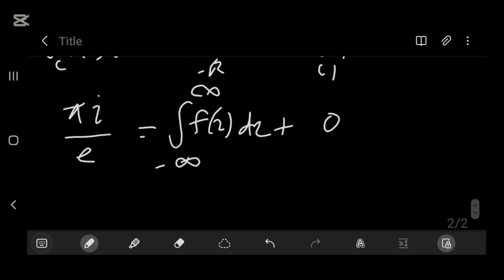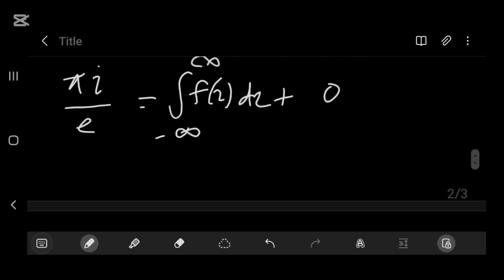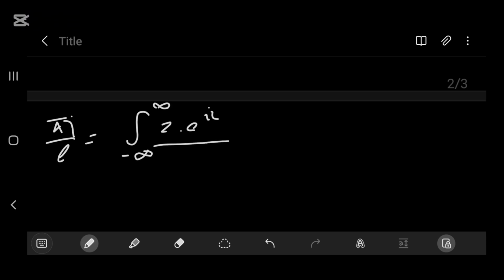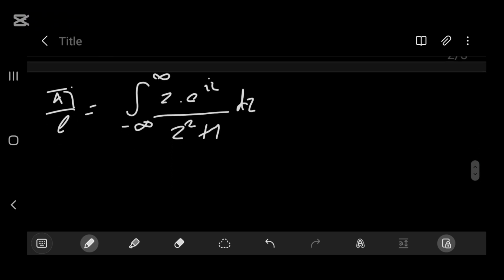So let's move on to page number 3. Applying our f of z, we have pi i over e equals the integral from minus infinity to infinity of z times e to the iz over z squared plus 1 dz. Now we can see that this is the required integral, but with an imaginary part.